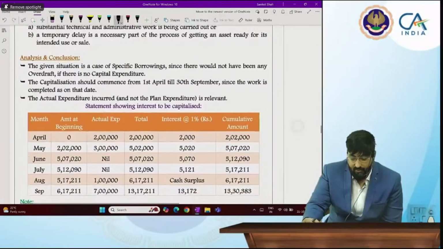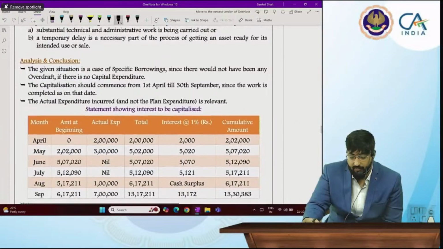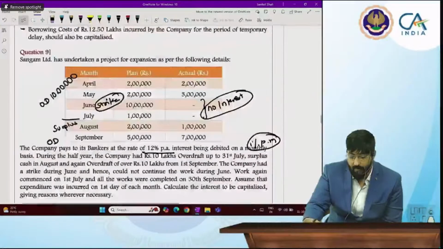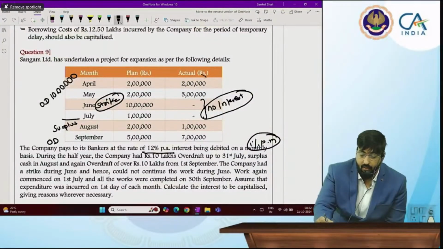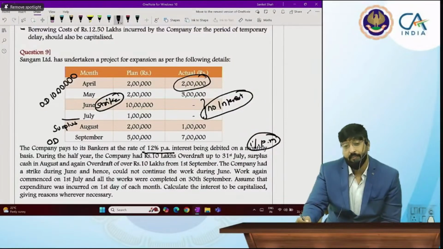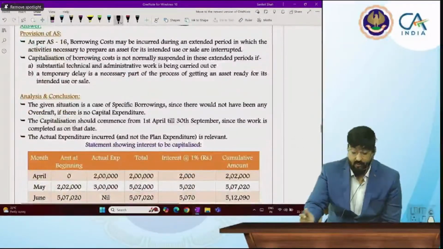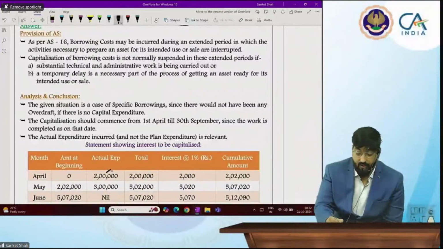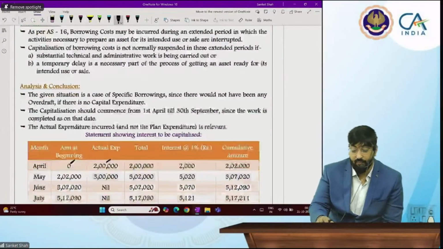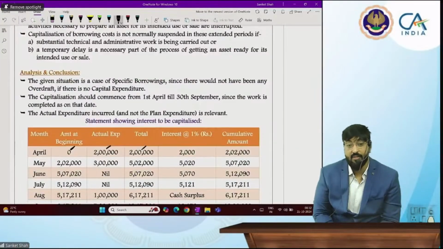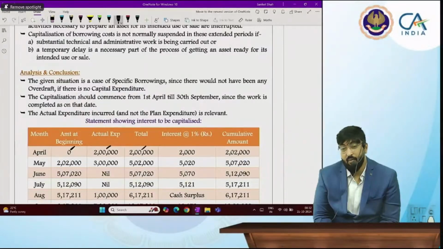Now see what is the actual expenditure in April? 2 lakhs. So at the beginning 0, total 2 lakhs. Say yes or no. Yes, sir. What is the interest amount?